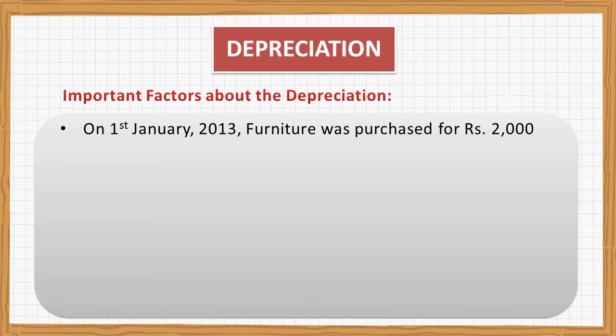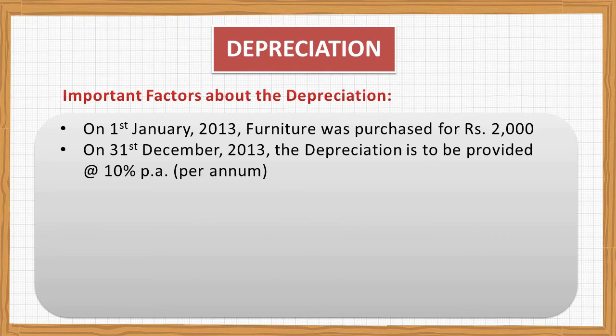Suppose on 1st January 2013, a furniture was purchased for rupees 2000, and on 31st December 2013, the depreciation is to be provided at the rate of 10% per annum. Be careful. In the previous example, the rate was 10%. Now the rate is 10% per annum.